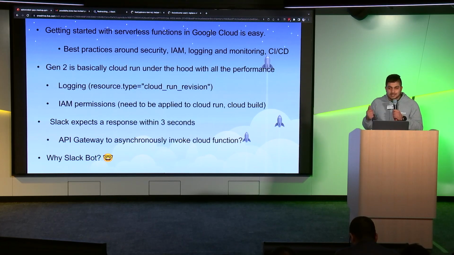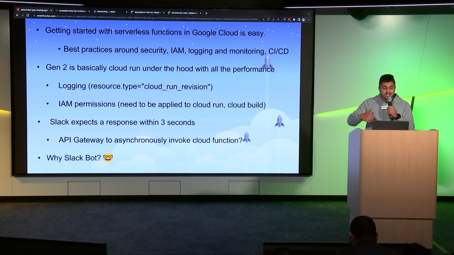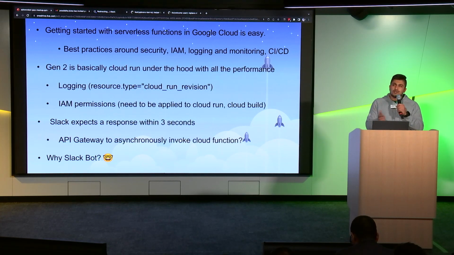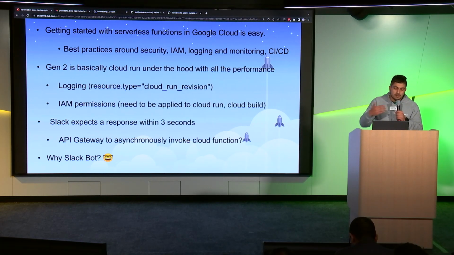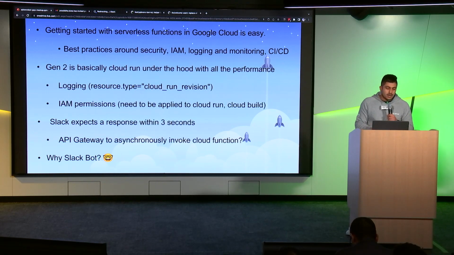Slack also sends a response URL in the event, which we can then use to respond to the Slack event, and the timing is about a few hours. So you can use that URL to respond to Slack within your own time. So you don't have to respond to Slack immediately. So that was also a key takeaway that I wanted to share with you.